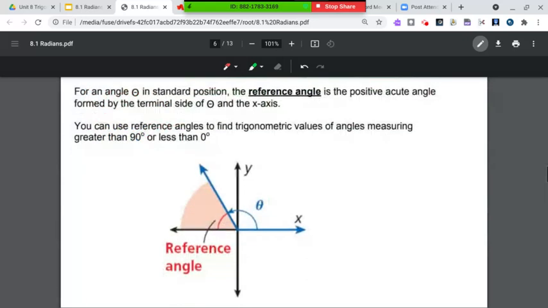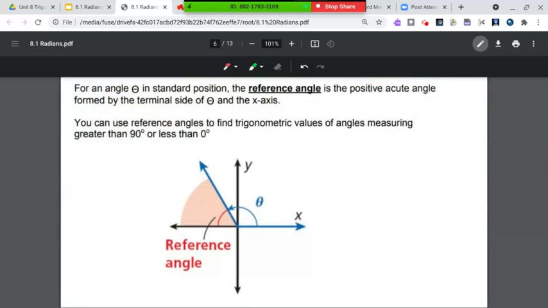Here is the idea of what a reference angle is. What do I want you to write down? I want you to write down that very first sentence. For an angle theta in standard position, the reference angle is the positive acute angle formed by the terminal side and the x-axis.